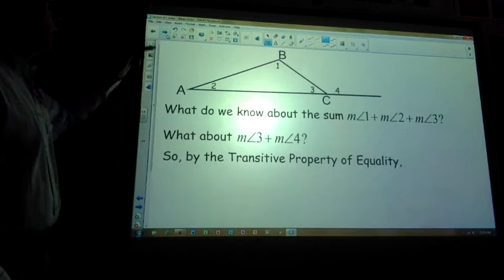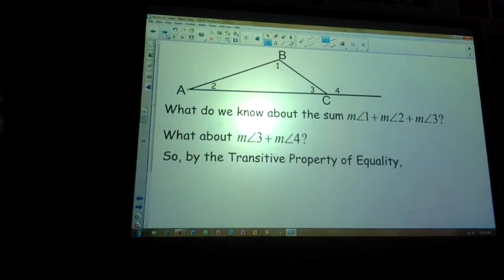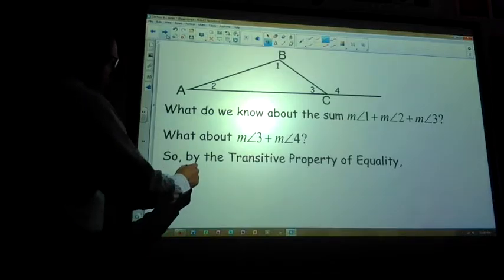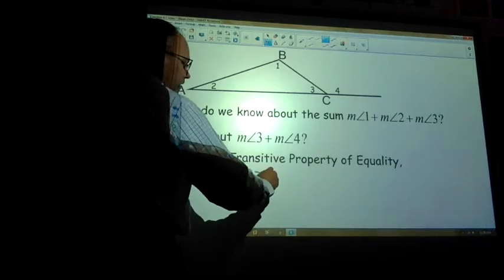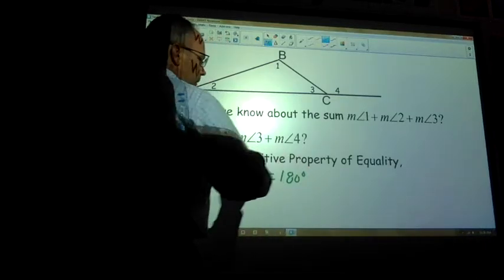All right. So we now know that the sum of the measures of angles 1, 2, and 3. What about angles 3 and 4? 3 and 4 we just said has to equal 180 degrees. So angle 1 plus angle 2 plus angle 3 has to equal 180. Agree?